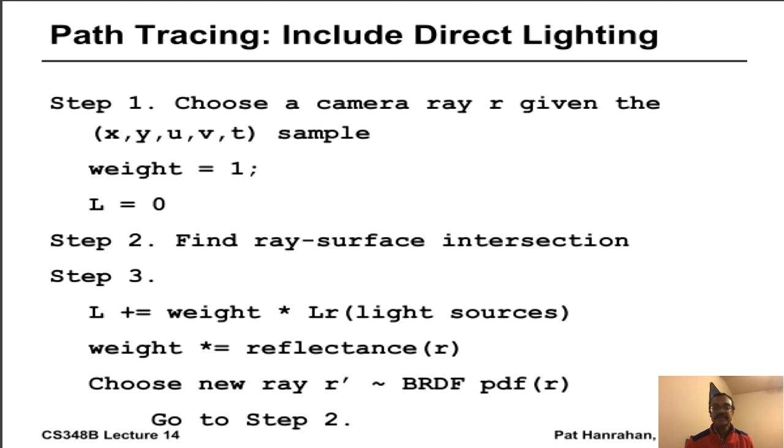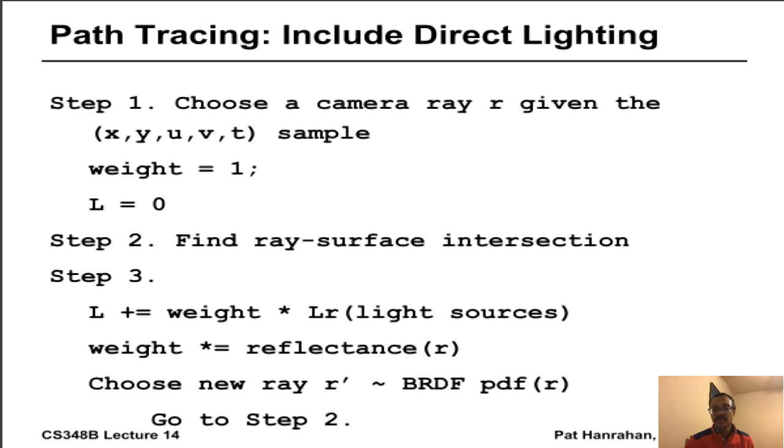But you might, for example, shoot one ray at the light source. And the homework assignment makes it clear what exactly you need to do there. So that gives you the contribution from the light sources, including later on in the path where you are considering indirect light. Then you multiply the weight by the reflectance or the BRDF of the point.